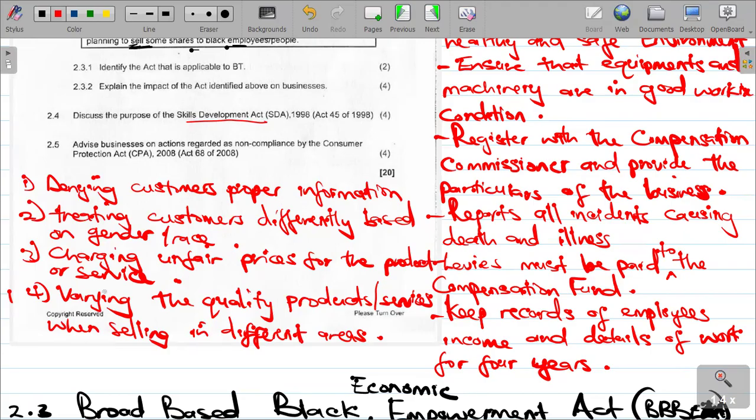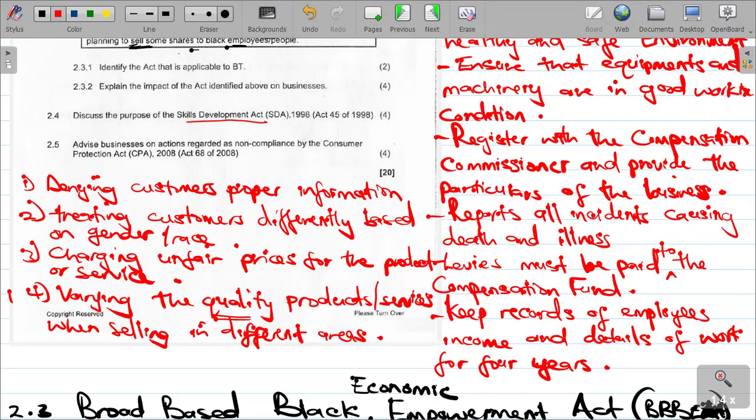We're talking about a process whereby markets are different. The quality of products depends on the markets, right? Or the types of customers, right? In high-income suburbs, high density locations, they might sell quality, while in low density, right? They sell poor quality products, right? So these are the actions regarded as non-compliance, right?